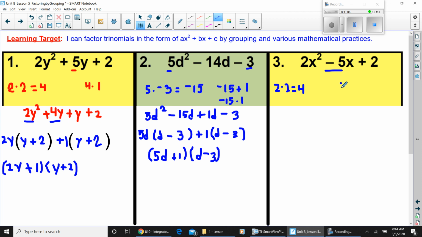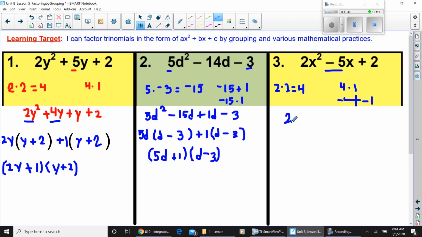So 4 and 1. 4 times 1 equals 4, and negative 4 minus 1 equals negative 5. So I'm going to rewrite this.